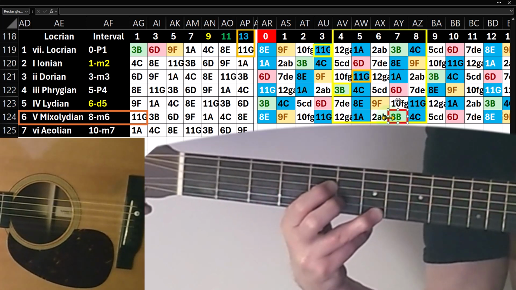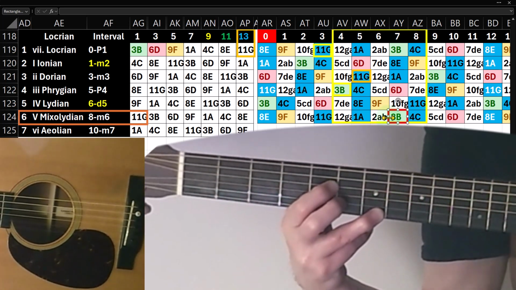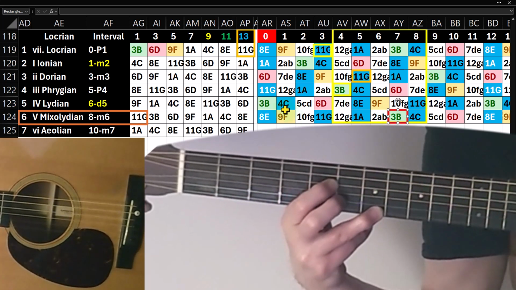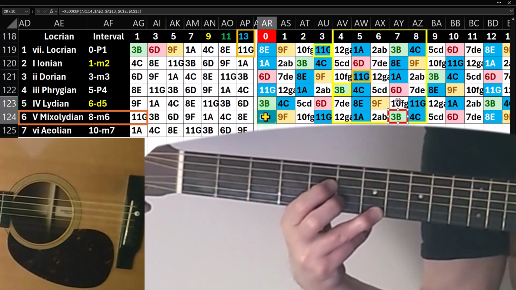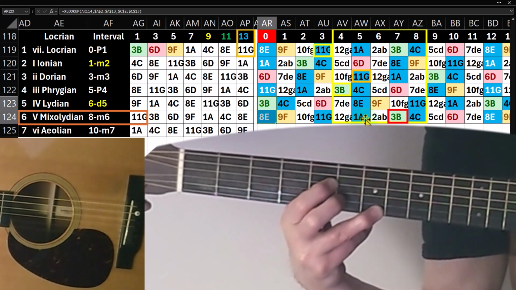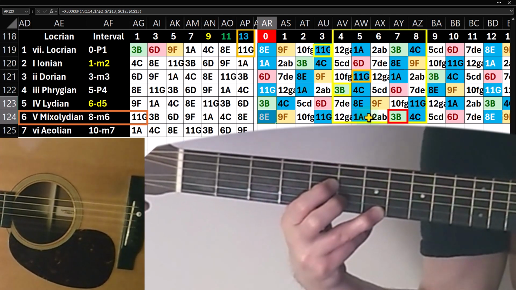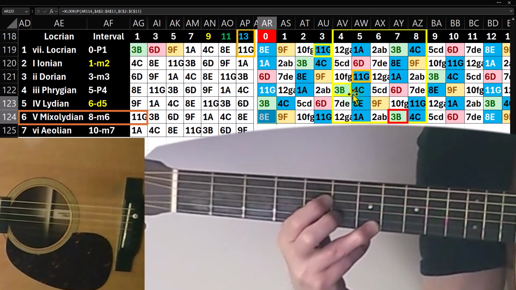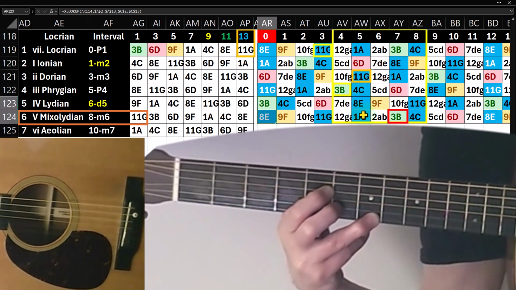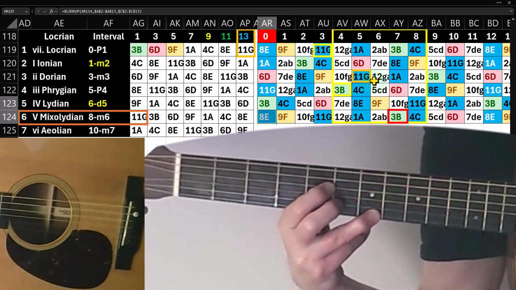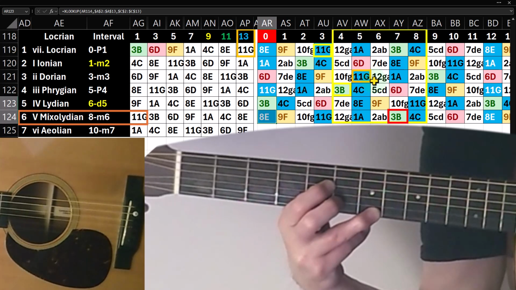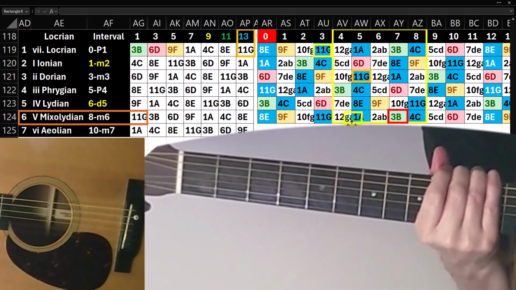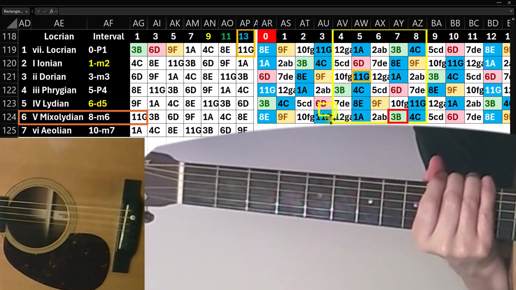And therefore, if I go up 2 strings and cross the fault line, which would happen on the B and the E string, the 8 note away minor 6 will be 1, 2, 3 frets back. Wait, I'm going up 3 strings. If I go up 3 strings and cross the fault line, the 8 note away minor 6 will be 2 frets back. Okay, I kind of messed that up because the yellow one looked like the orange one.